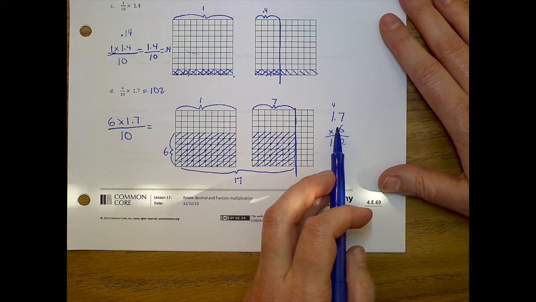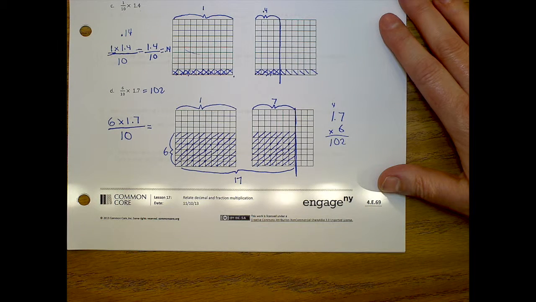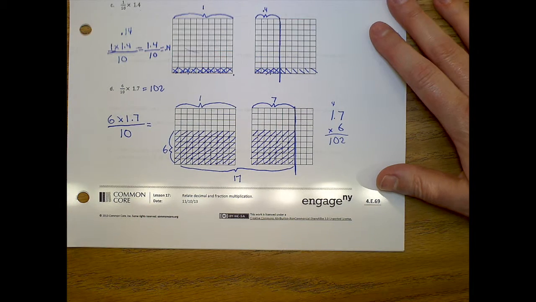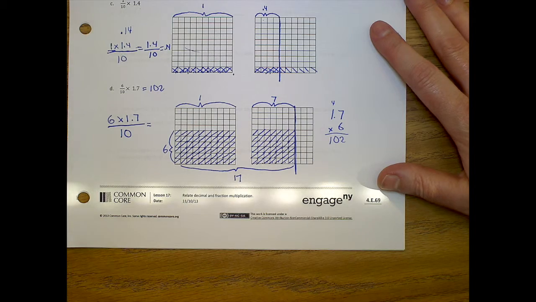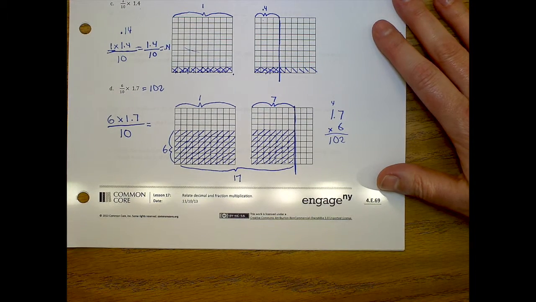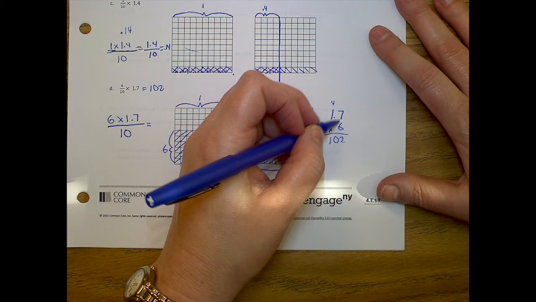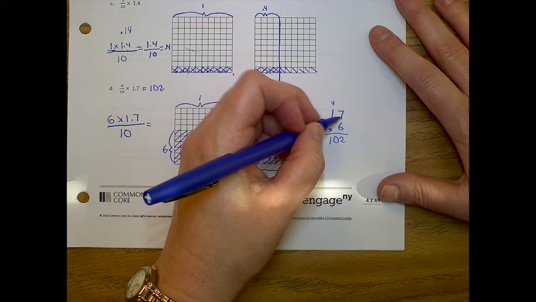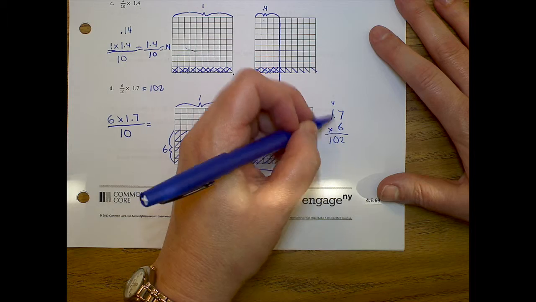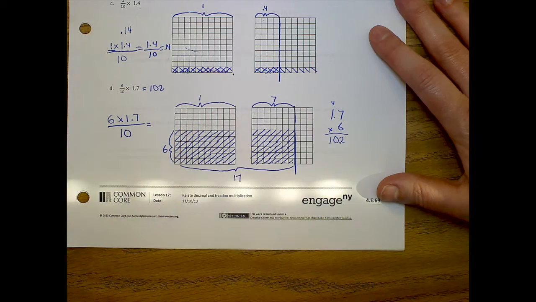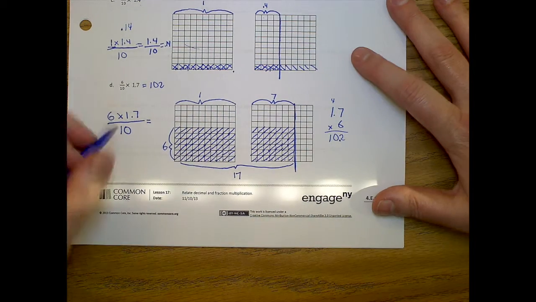When you add and subtract, you bring it straight down. But when you multiply, what's the rule? Count how many numbers are behind the decimal, and put it that many places. We have one number behind the decimal, so my answer has one digit behind the decimal.